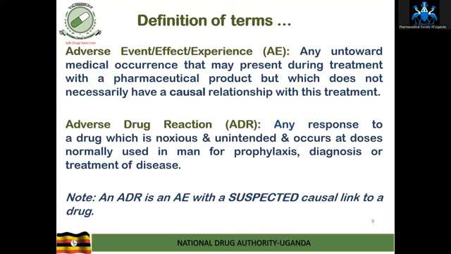So now, an adverse drug reaction is a response to a drug which is noxious and unintended and occurs at doses that are normally used, at the normal dose of the drug. Basically, an adverse drug reaction is something that is not intended. It is noxious at the correct dose of the drug.